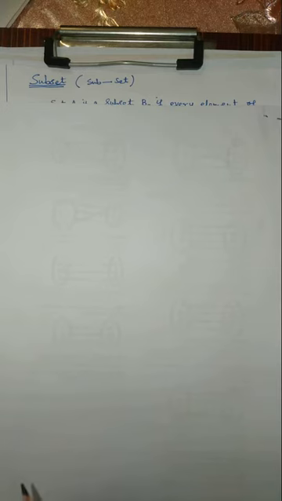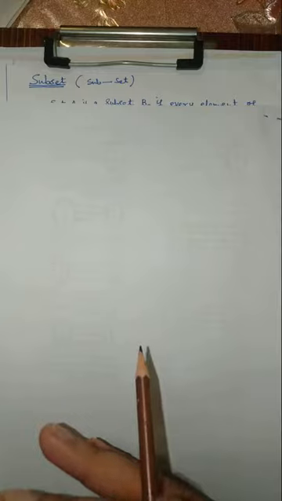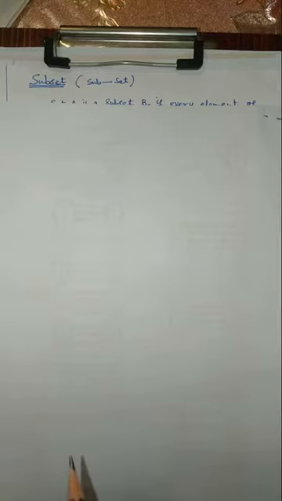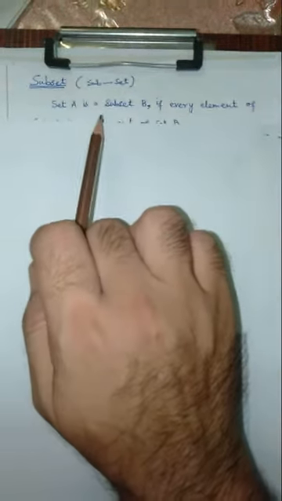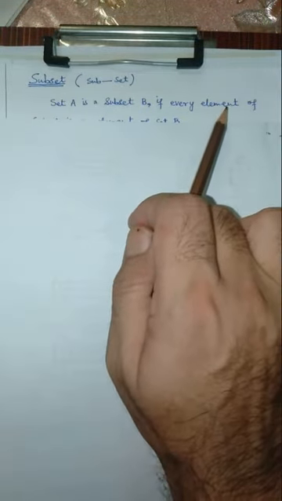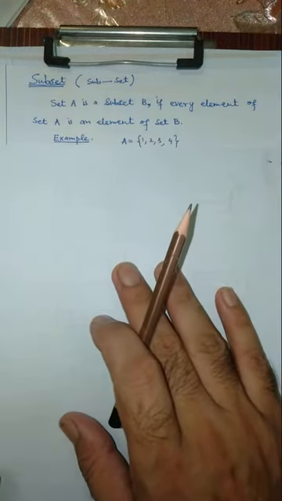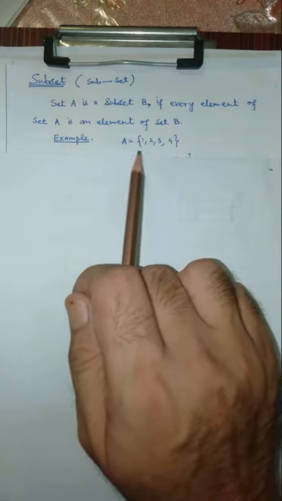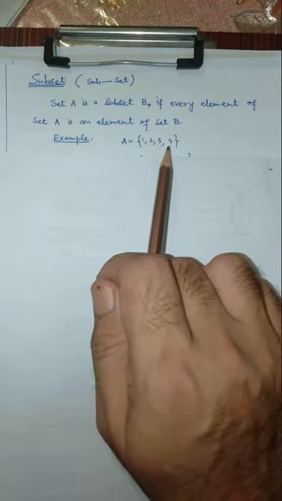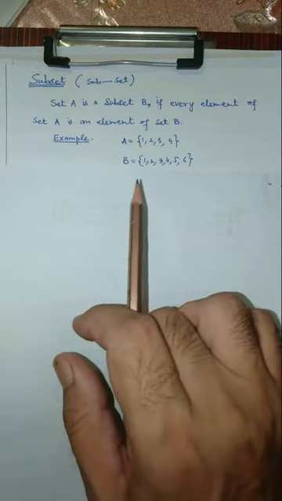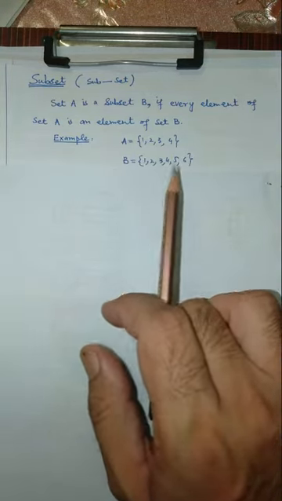Now another term which is subset. It is clear from the name of this term, subset: portion of the set, part of the set. A set A is a subset of B if every element of set A is an element of set B. For example, if you have a set A which has elements 1, 2, 3, 4, and you have a set B which has elements 1, 2, 3, 4, 5, 6.